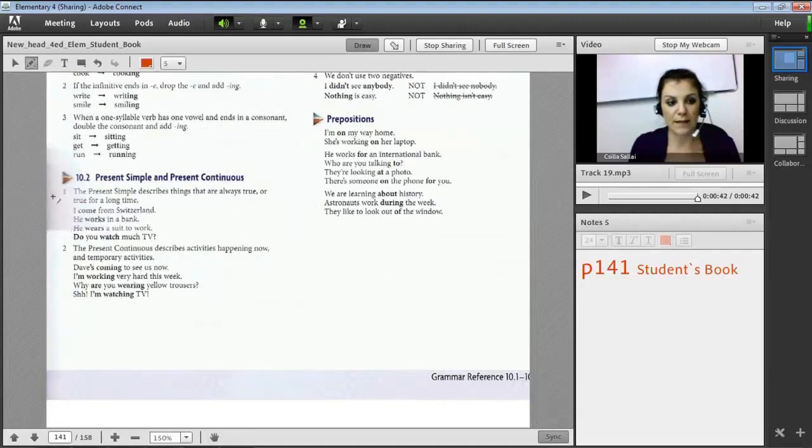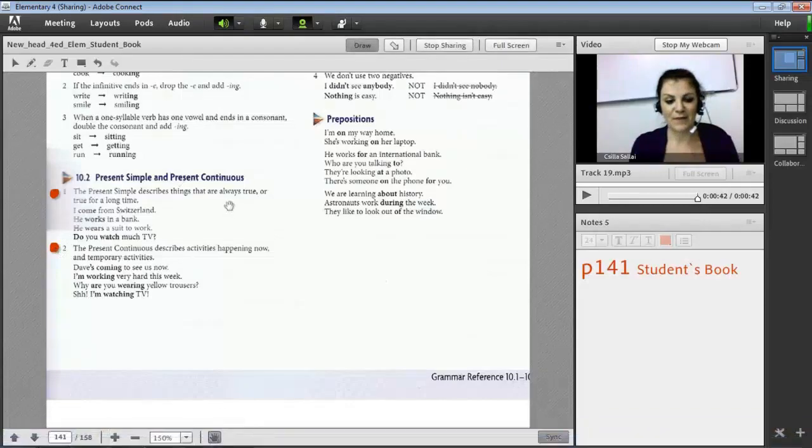So here in number one, it's about the present simple that we know that describes things that are always true or true for a long time. You can find a few examples here that you can check at home. And in the second part, you can find a short revision of the present continuous, which describes activities happening now and temporary activities.